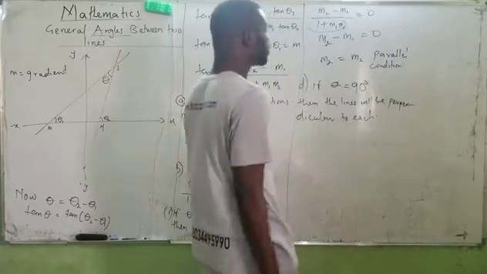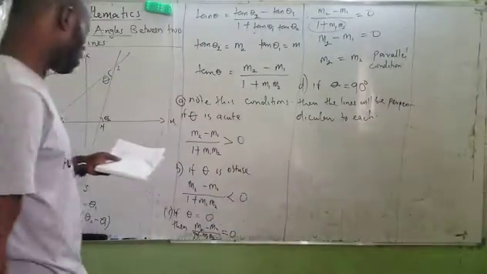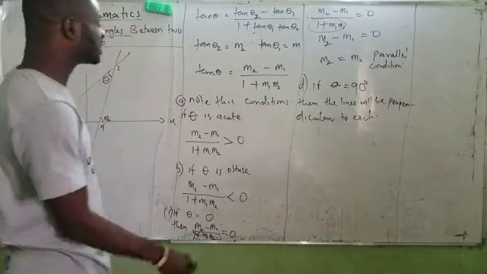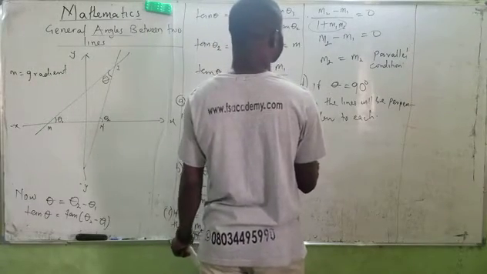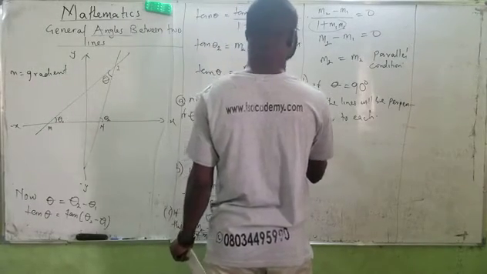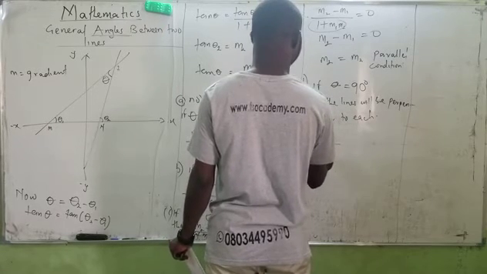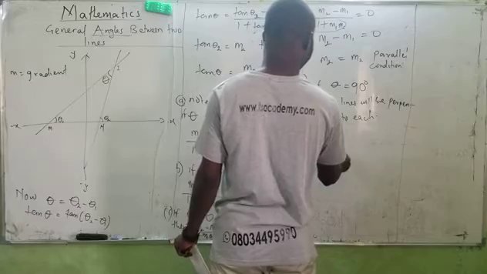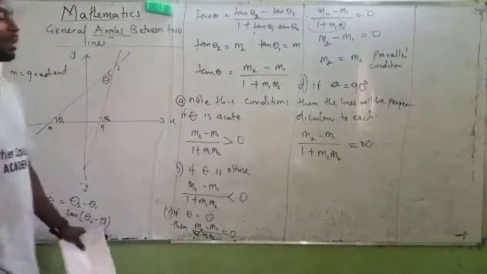What do I mean by perpendicular? With what I've stated here, it means my (M2 minus M1) divided by (1 plus M1 M2) will be equal to undefined.